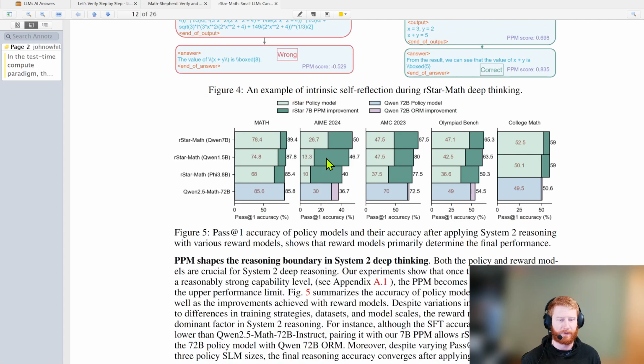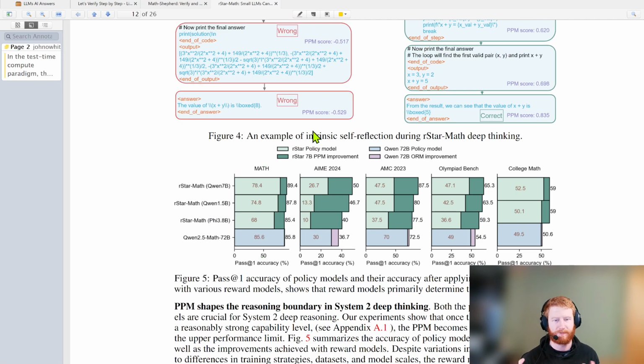So I think it's a compelling demonstration that yes, the key here is being able to do this effective search by at every step getting a good score, and using that to inform which trajectories you might sample.